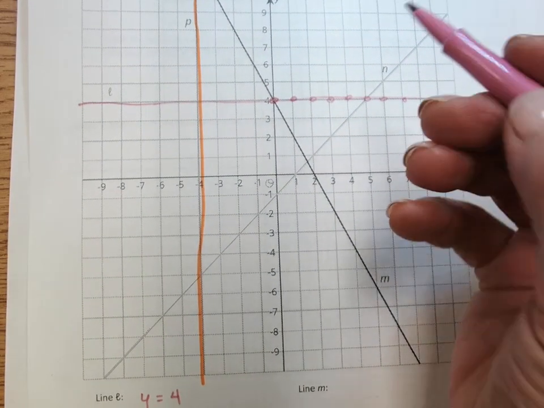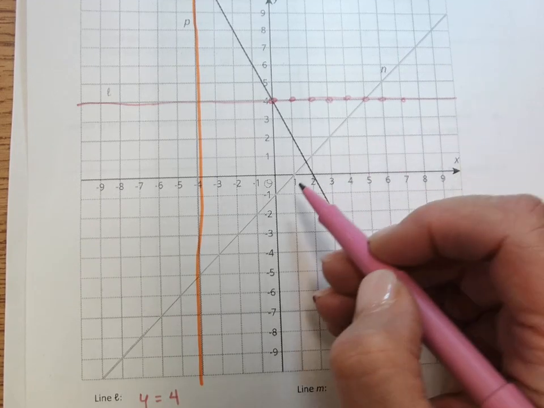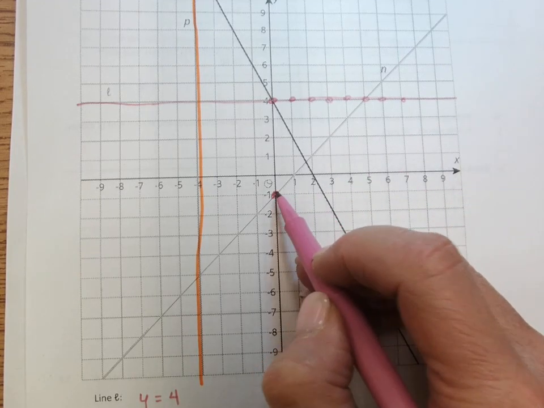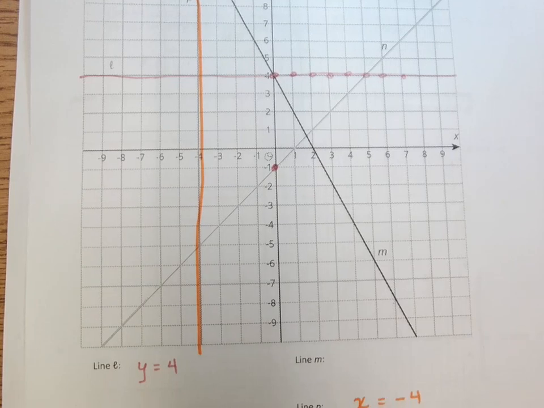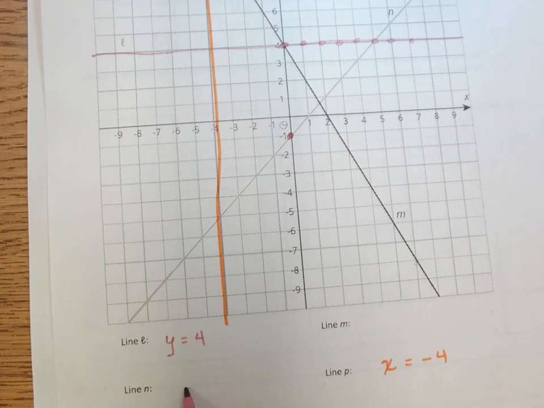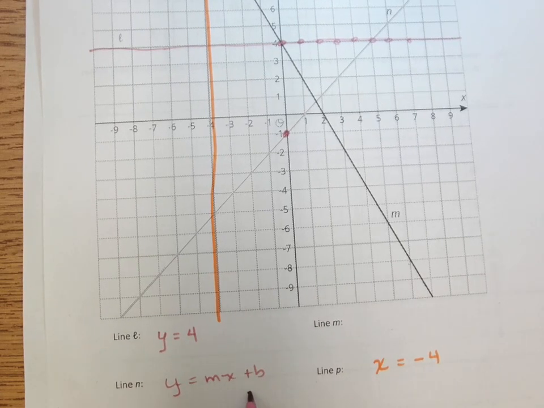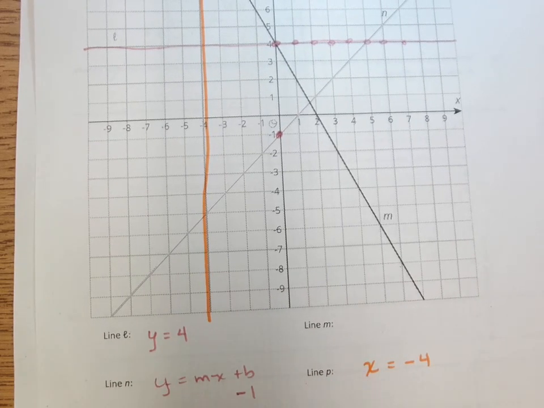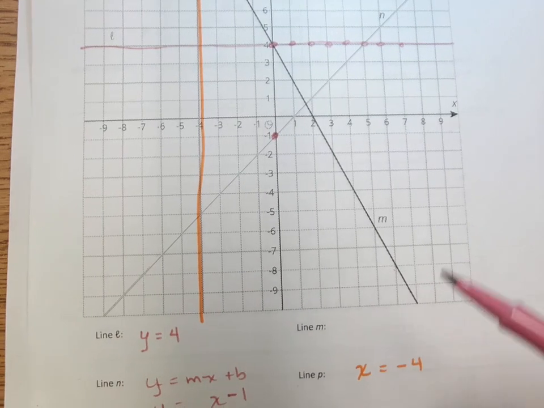So let's look at line N. I see that my y-intercept is negative 1. So it's going to be y equals mx plus b. My b, my y-intercept, is negative 1. So I've got y equals something x, and I've got to find the slope.